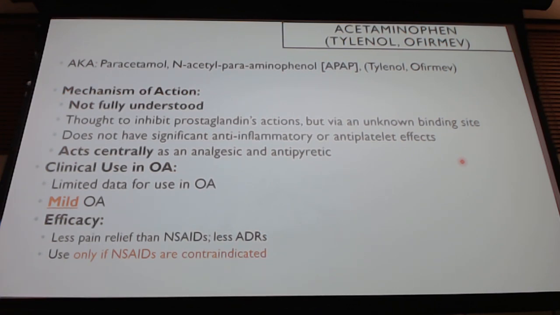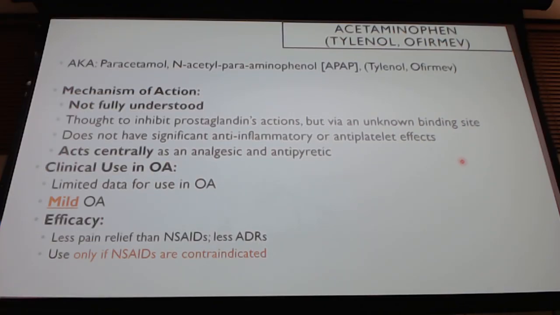Tylenol, same thing that we've already talked about. Limited data, not fantastic. So when we're looking at this, we're only going to our acetaminophen if there is a contraindication as to why I am not allowed to use one of my NSAIDs. Am I getting any anti-inflammatory benefit from using the Tylenol or my acetaminophen?